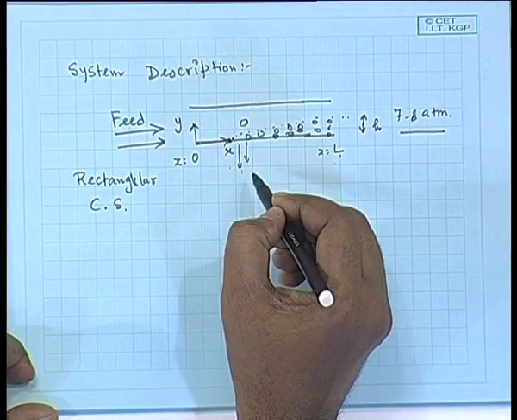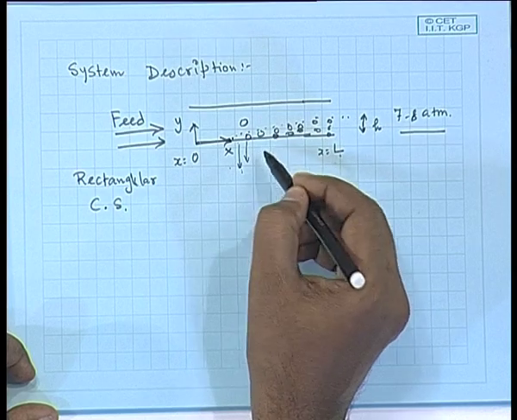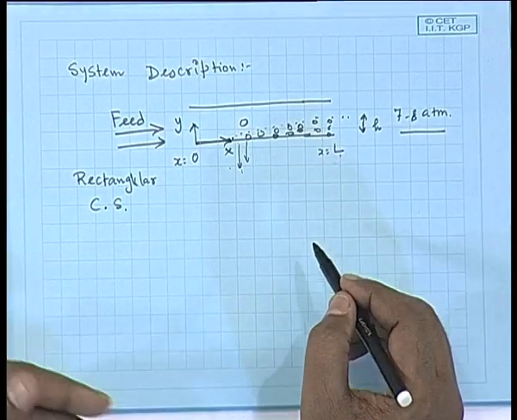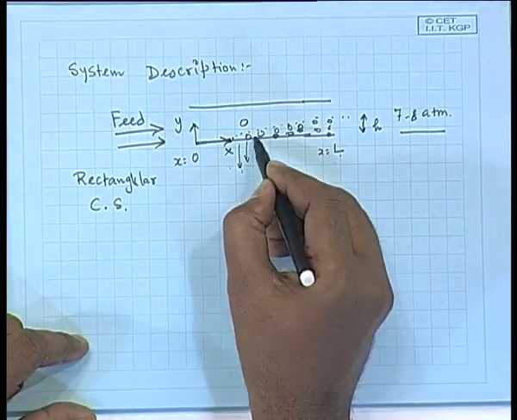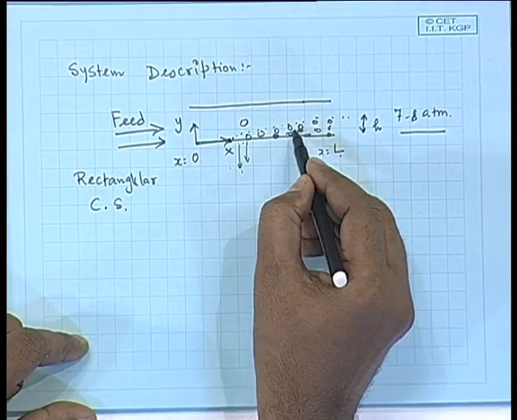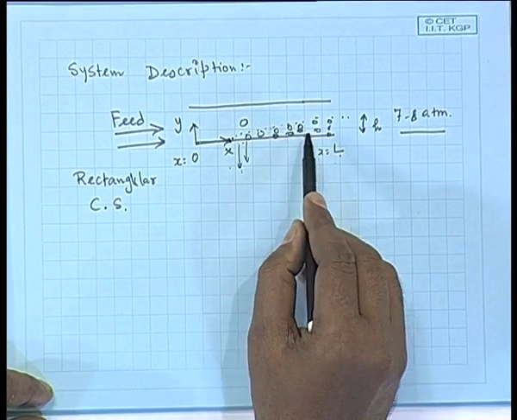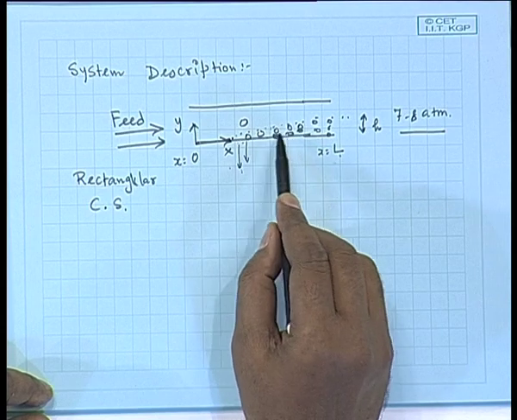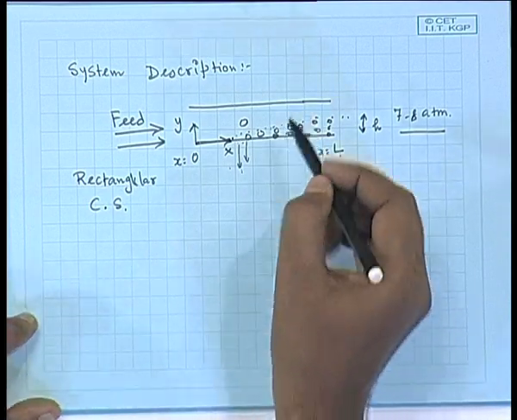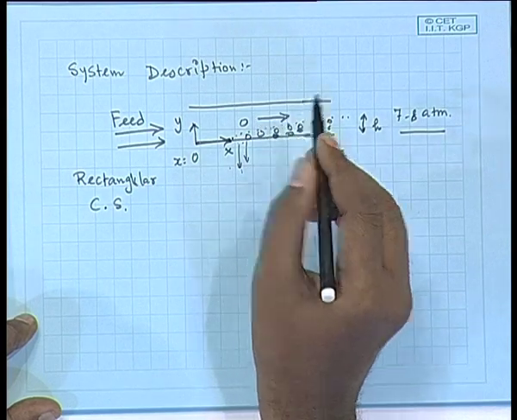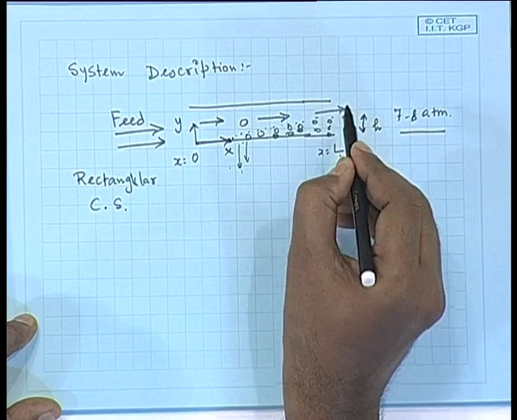Now, because of the pressure, the solutes will be convected towards the membrane, and since their molecular size is larger than the pore size of the membrane, they will be retained by the membrane, and as you go downstream, more solutes will be deposited. The thickness of this concentration boundary layer will slightly increase, but it will not go on increasing, because the feed is flowing from the inlet towards the outlet.